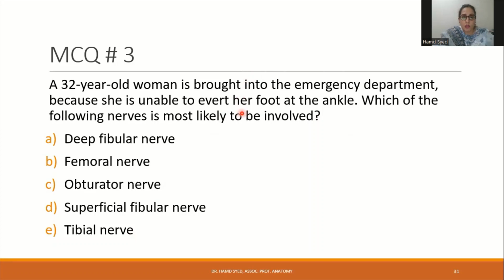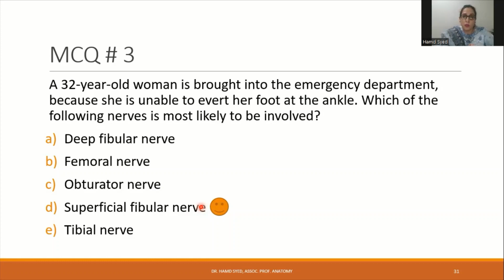This action is performed primarily by the everters of the foot at the ankle joint, and these are peroneus longus and brevis, which are present within the lateral compartment of the leg, and they are supplied by the superficial peroneal nerve. So this is the nerve which is most likely to be involved in this scenario.